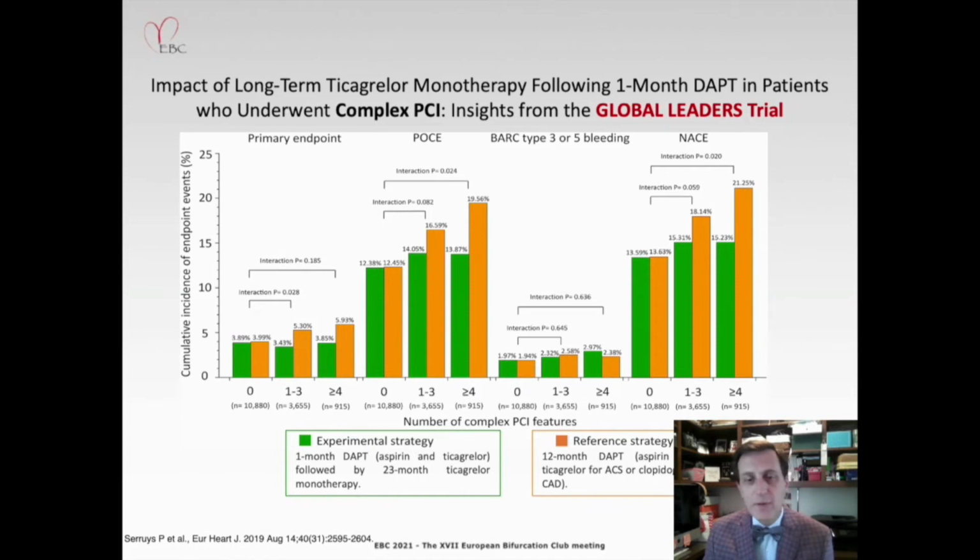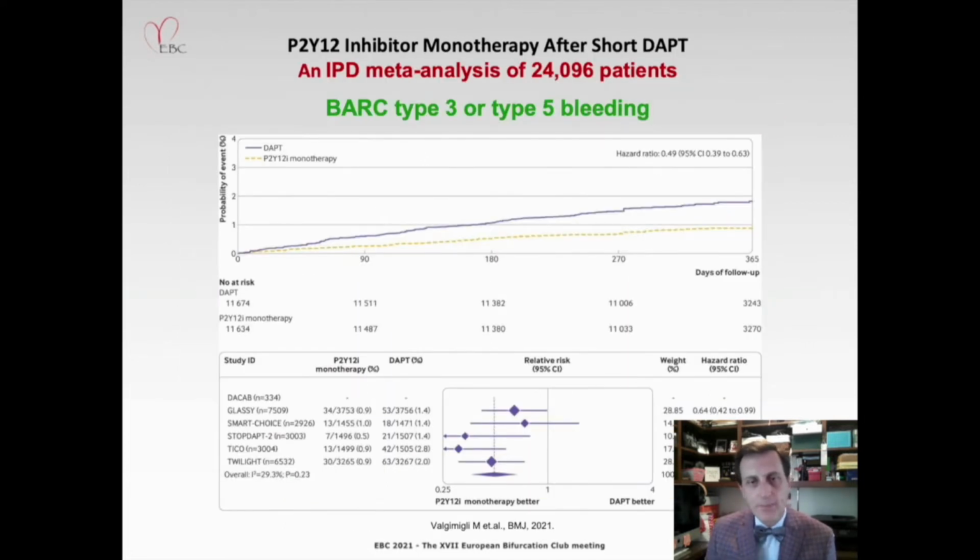This is the flavor of all the results, and you can see that regardless of the characteristics found, in general, all the endpoints trended favorably for the green bar, which is the experimental strategy with the abbreviated aspirin, versus the orange bar, which is the classic extended aspirin, extended P2Y12 combination.